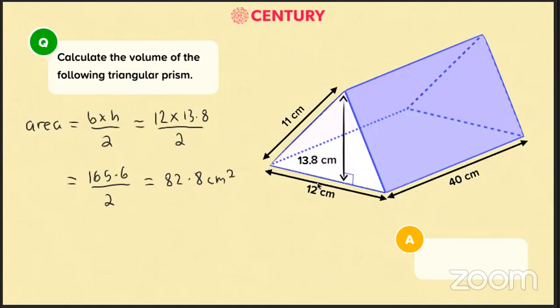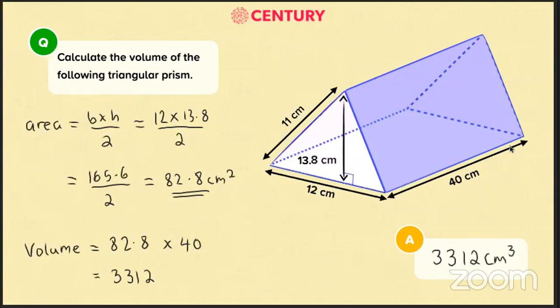So I need to take that area, 82.8, multiplied by the length, 40 centimeters. And if I type that into my calculator, I come up with this answer, 3,312. So final answer, 3,312 centimeters cubed.